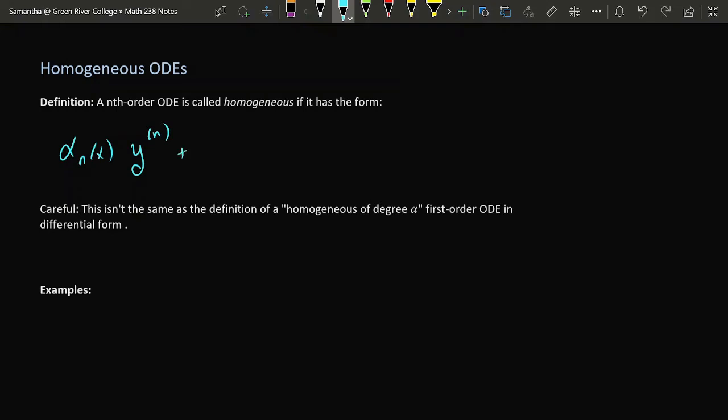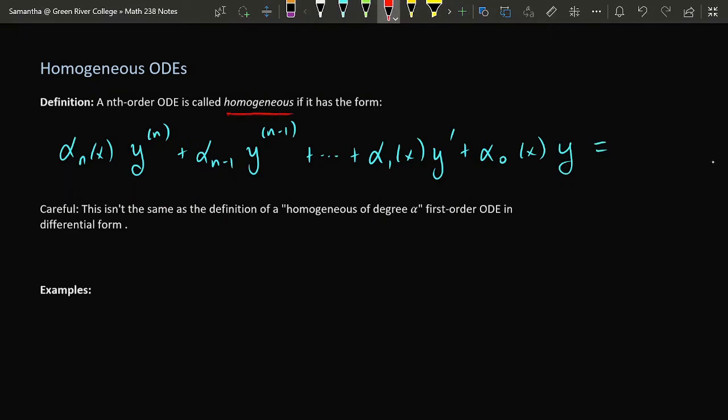Then take another function of x alone and multiply it by the n minus 1 derivative, and so on and so forth until you get to a function of x alone times the first derivative, a function of x alone times the original function, the 0th derivative. And here's the important thing for a homogeneous ODE, that expression has to equal 0.